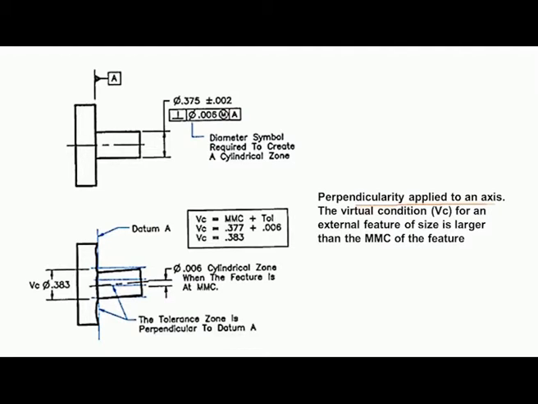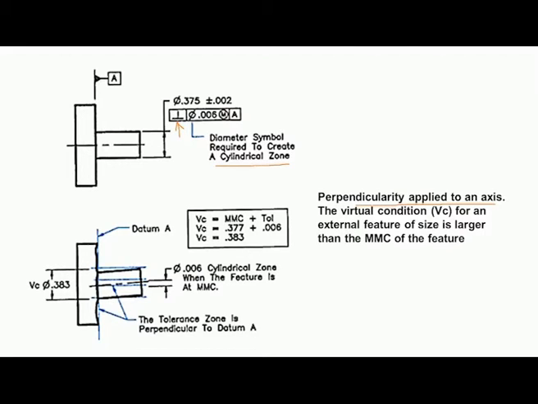Now, perpendicularity applied to an axis. Now, you can see here this is the workpiece and this is the datum reference surface. With reference to this, the perpendicularity of the axis should be achieved. So, this is the symbol for perpendicularity, and the diameter indicates that we have to consider the cylindrical zone.